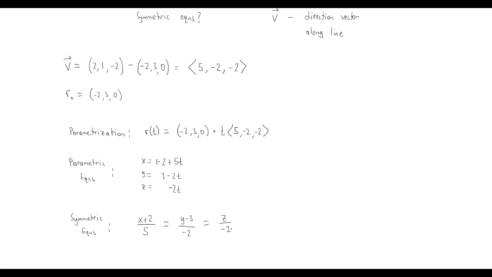Basically, you know that this is the x-coordinate in the parameterization, this is the y-coordinate, this is the z-coordinate. To go from the symmetric equations to the parametric equations, that's pretty simple as well. So I'll just illustrate with this example how to go from symmetric to parametric.